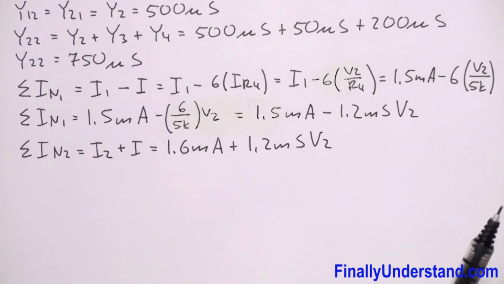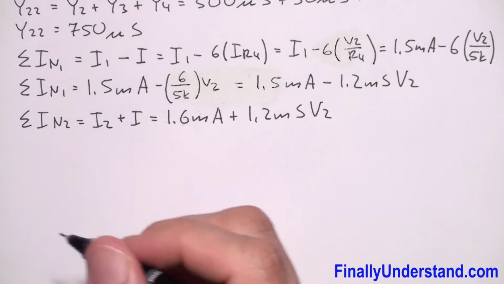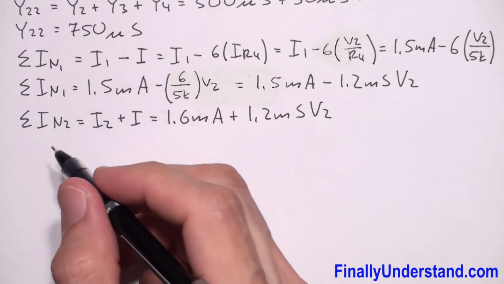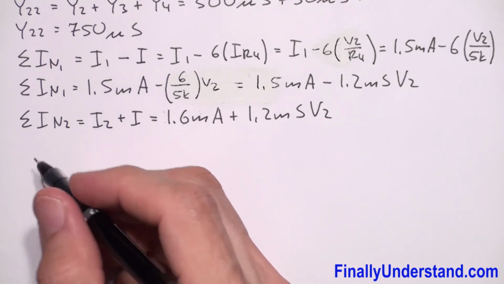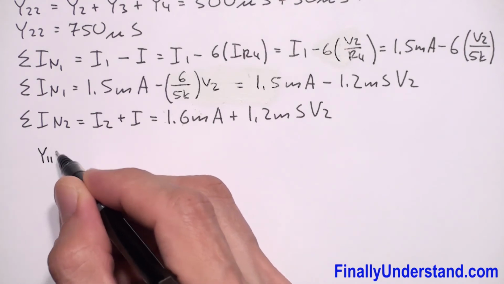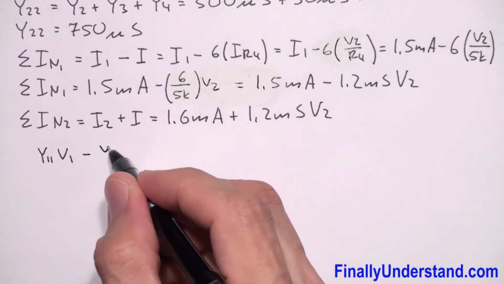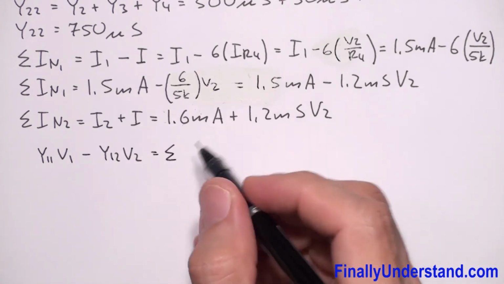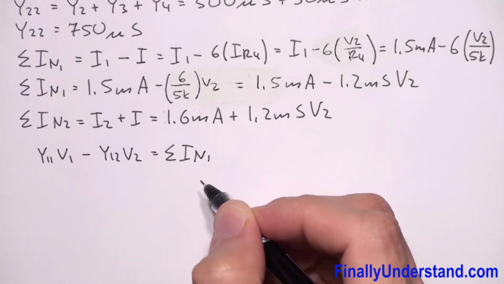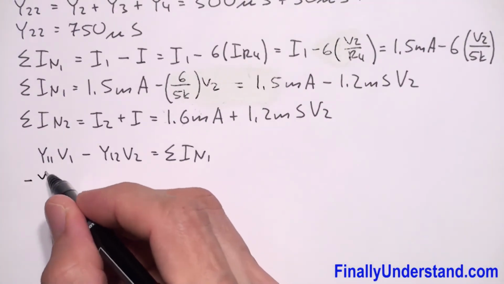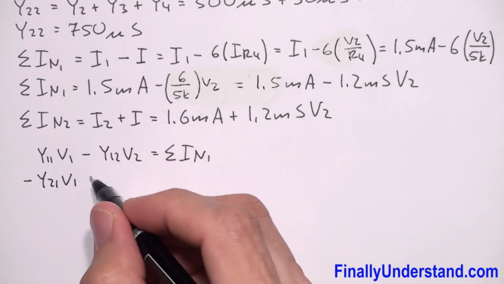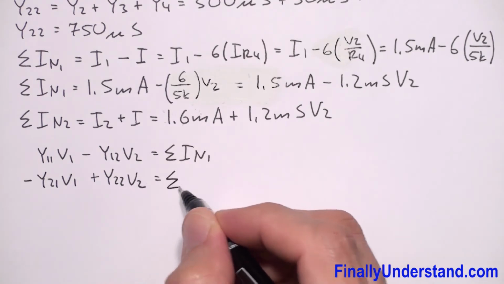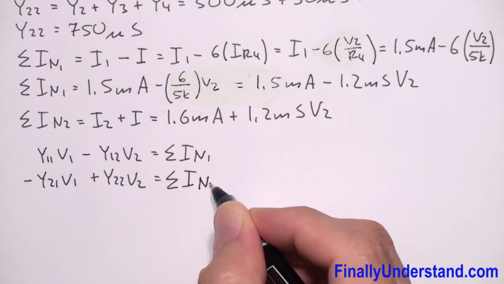So we found the admittances, we found the currents. So now we can find the voltages by using the general formula for a two-node circuit. The general formulas look like this. Y11 V1 minus Y12 V2 is equal to the sum of the currents going to node 1, and negative Y21 V1 plus Y22 V2 is equal to the sum of the currents going to node 2.